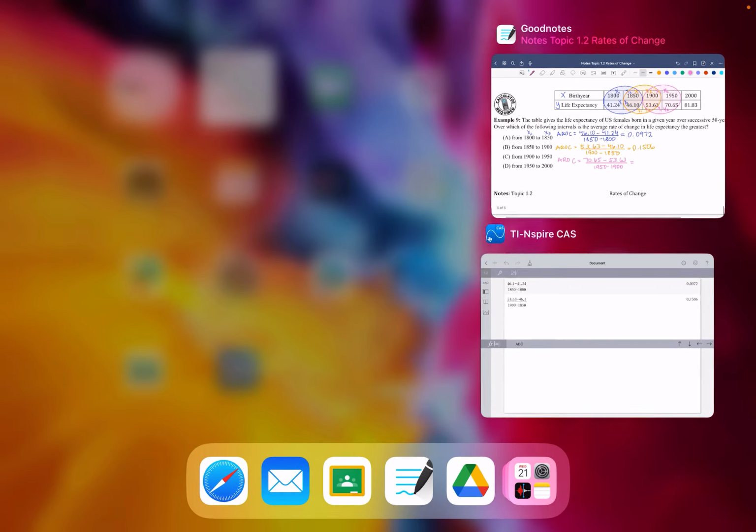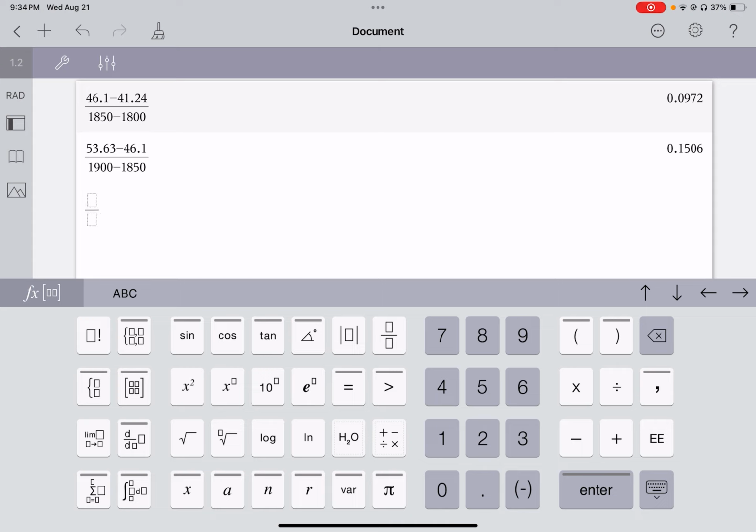Then repeat the process, plug them into the calculator: 70.65 minus 53.63 all over 1950 minus 1900, and you get 0.3404.